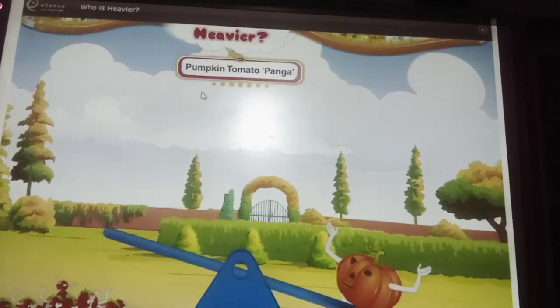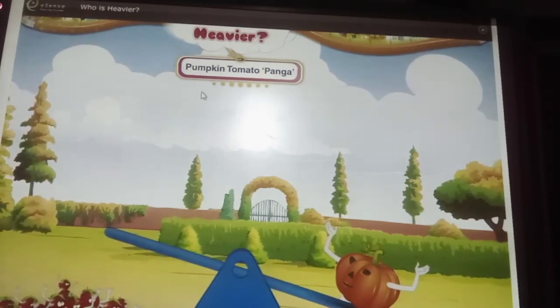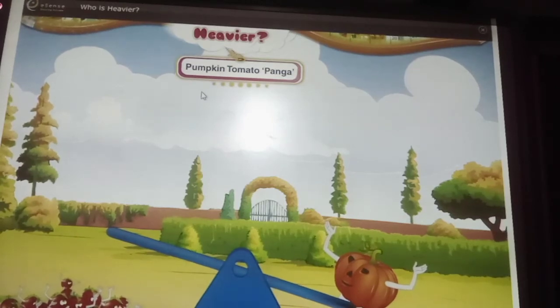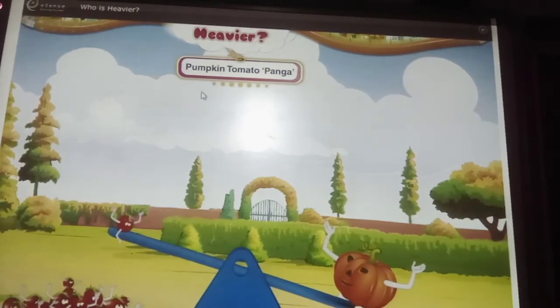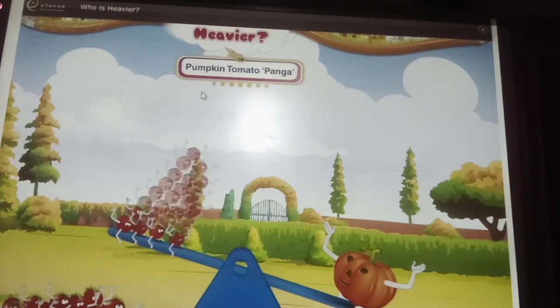So, the little tomatoes start climbing up on the other side of the seesaw. 1, 2, 3, 4, 5, and so on till 25. The pumpkin is still sitting there and laughing loudly.